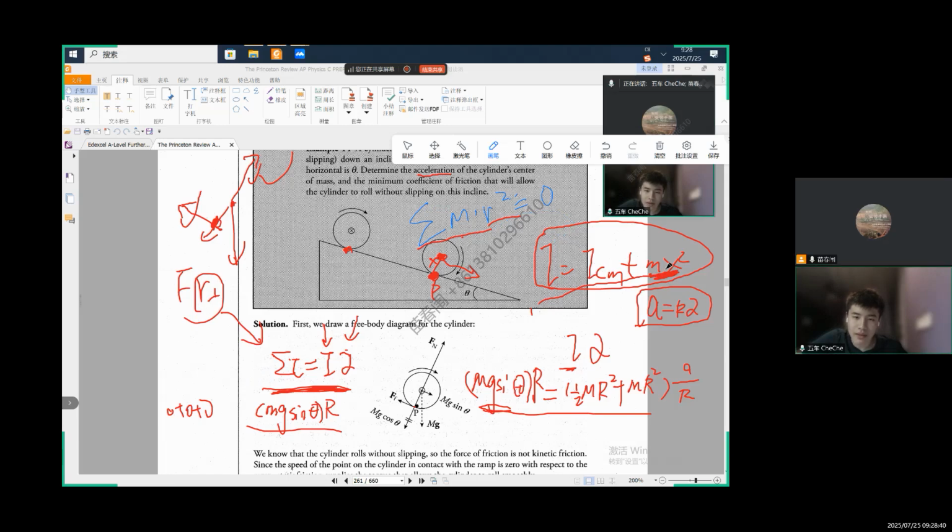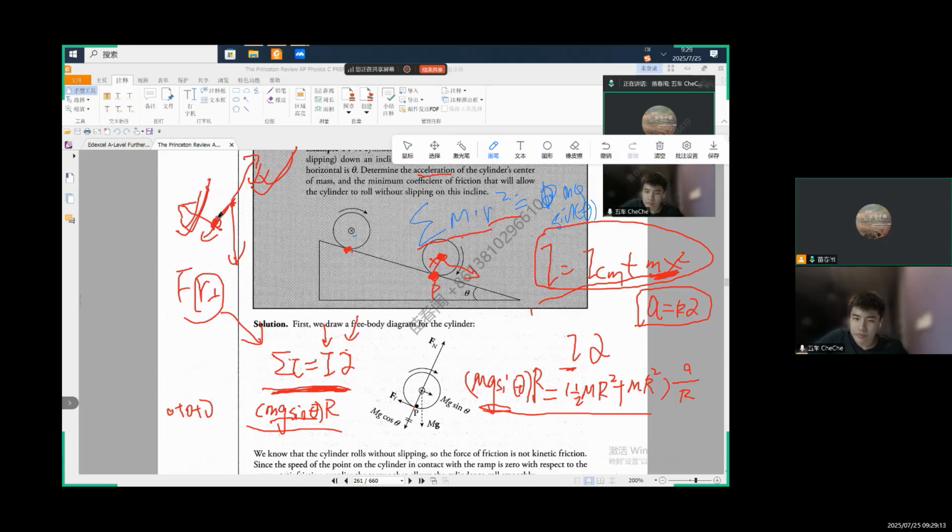So basically, this equals zero for this point. Not all of them are zero. Only mg sine theta can have an actual torque. All the other forces have zero torque around P. This normal force gets zero torque, and friction gets zero torque.